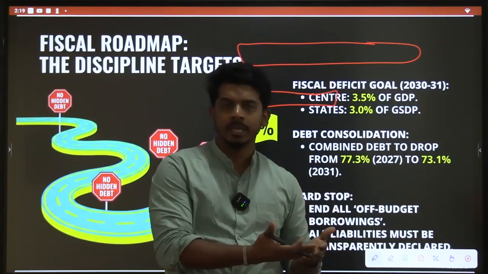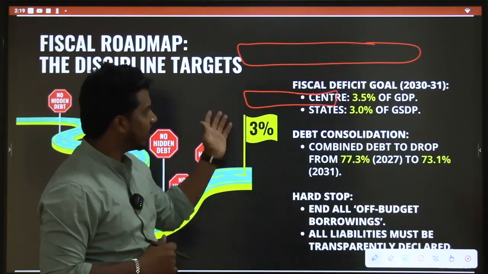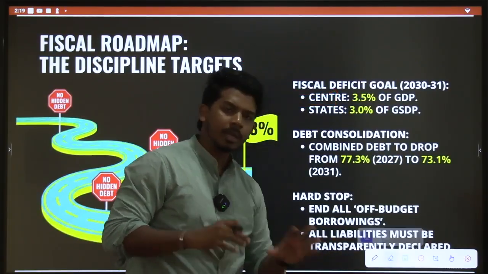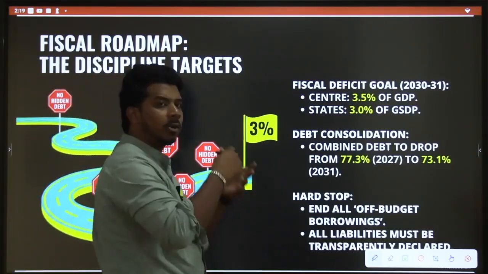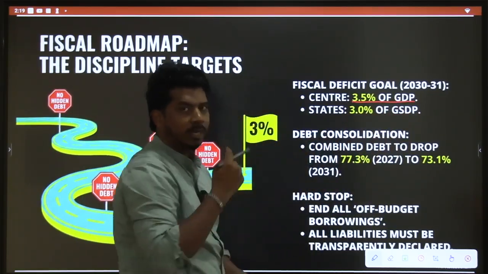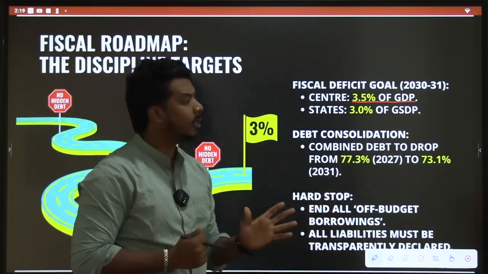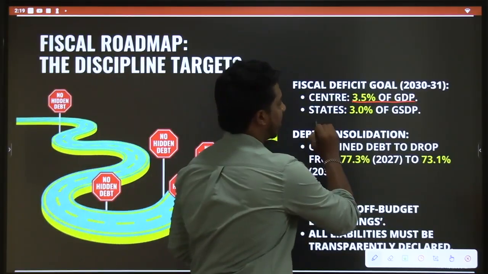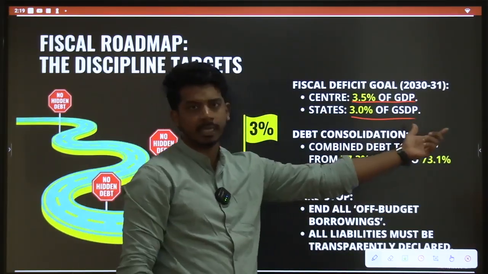How to give those grants, the 16th Finance Commission gives recommendations: what targets they need to meet, etc. The 16th Finance Commission told the Union Government of India to please limit its fiscal deficit to 3.5. Right now we have 4.4. So it is suggesting reducing it to 3.5 by 2030. It is also telling the states that every state shall control their fiscal deficit to 3% of the state GDP, GSDP.